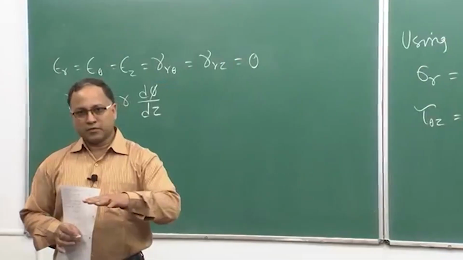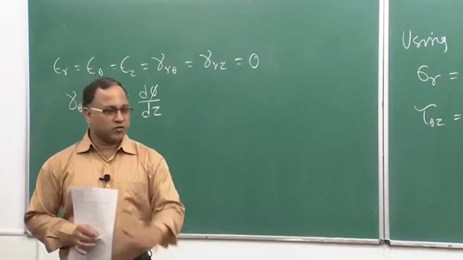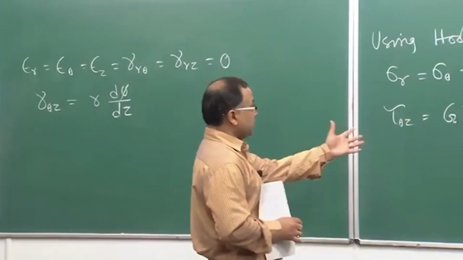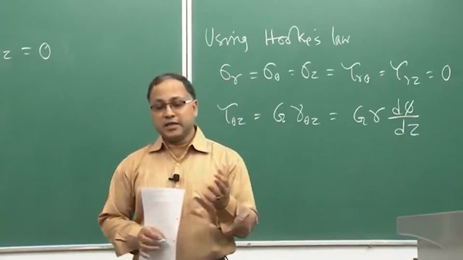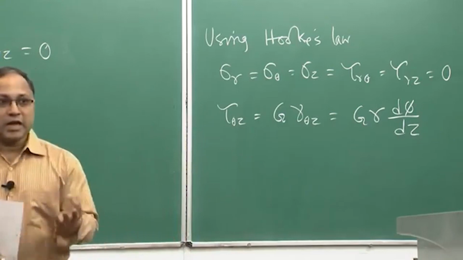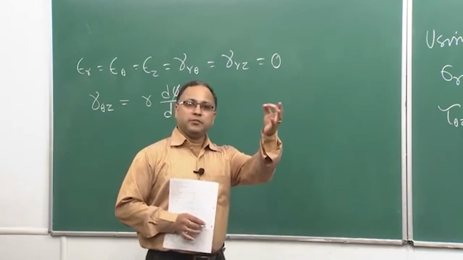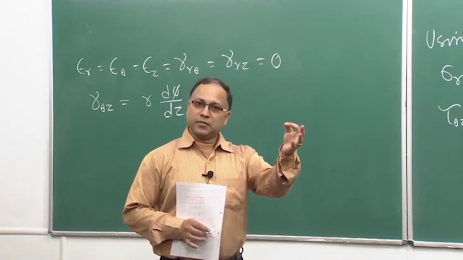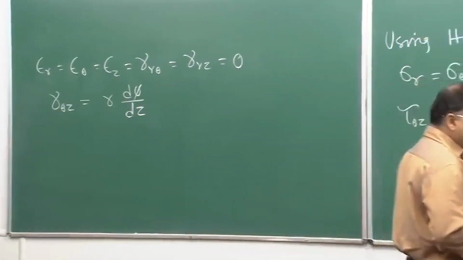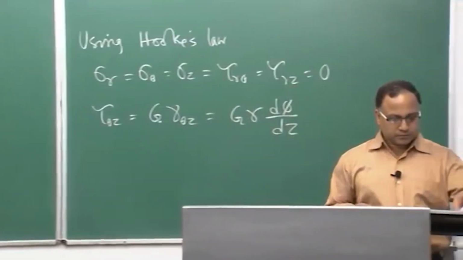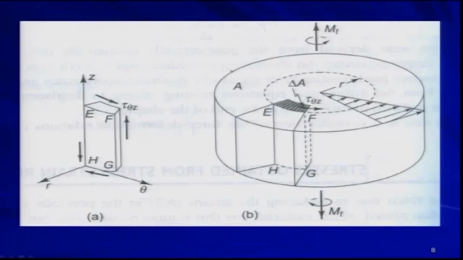Based on this equation you can say shear stress is minimum, that is 0, at the center of the circular shaft, and becomes maximum at the periphery. Now let us come back to this figure. Now, we will be talking about the equilibrium requirements.